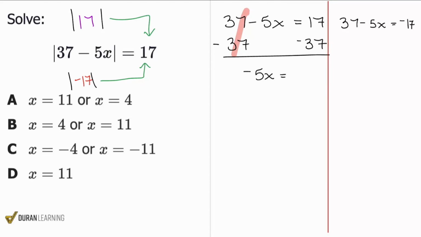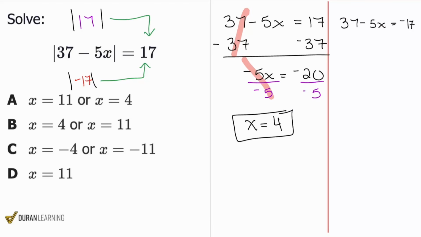And then 17 minus 37, the difference is 20, and that'll be a negative 20 because we are taking away more than what we have, so we make that difference negative. Lastly, we'll divide both sides by negative 5, and we're done. The negative 5 cancels out on the left, leaving you with a positive x. Negative divided by negative is a positive. 20 divided by 5 is 4.